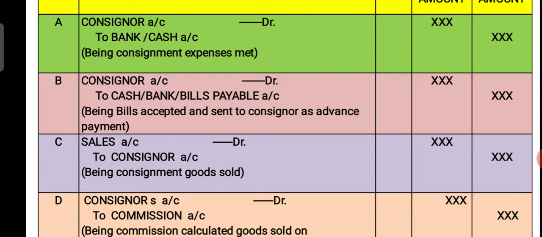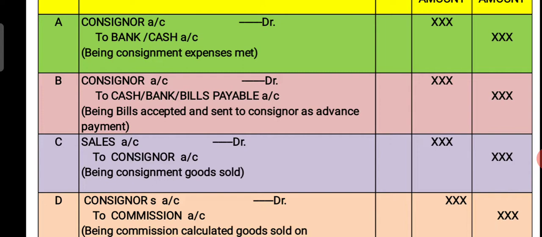If the bill is discounted with the bank, we should not think about that. In the problem, sometimes the bills are discounted with the bank. We should not think about that point whenever we write the entries in the books of consignee. Simply ignore it. Only consider the total worth of the bills which we accept. Now, what is that entry? Consignor account debit to cash or bank or bills payable account.